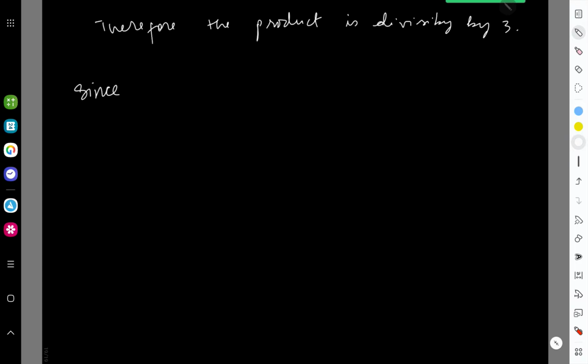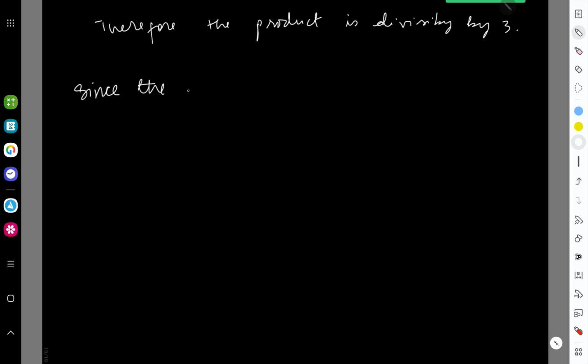Therefore, the product is divisible by 3. Now let's combine both of them.